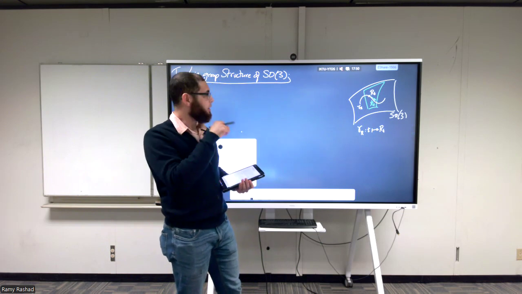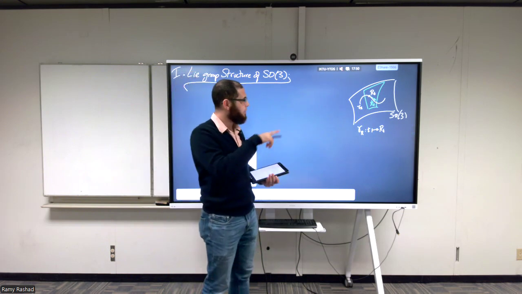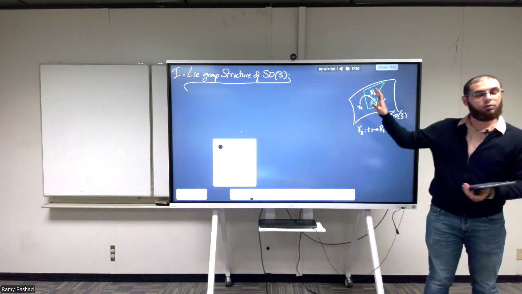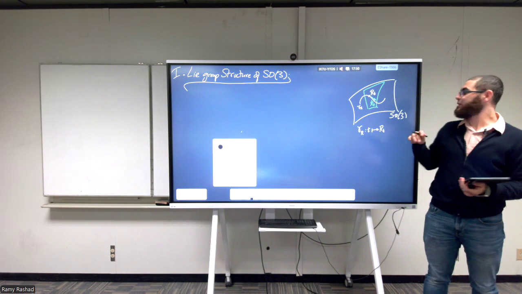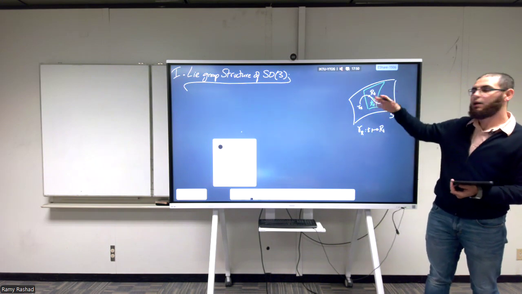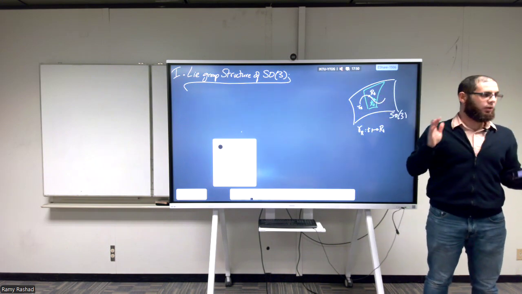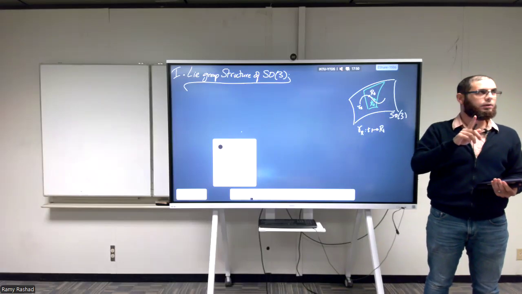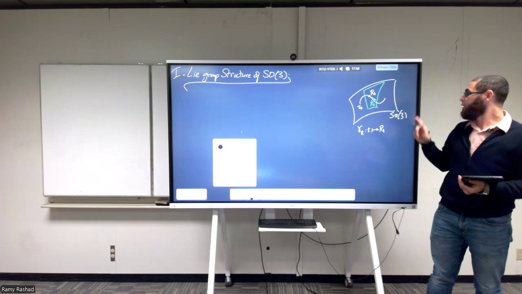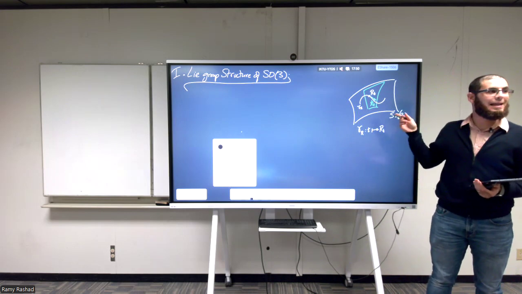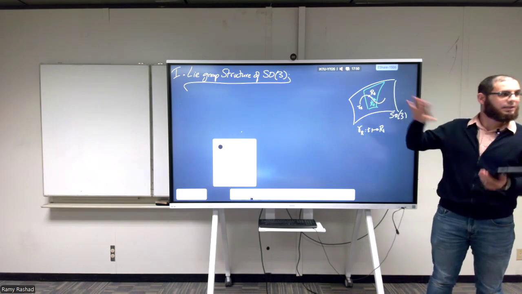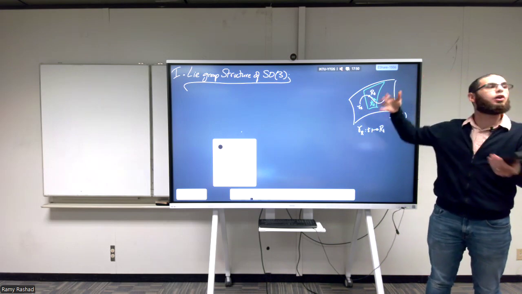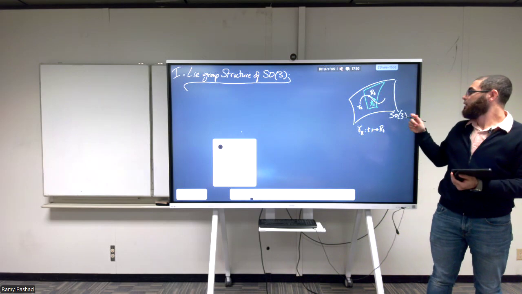Oh, okay, I see your point. What I drew here, SO3, the intuition behind this picture is that I assume I'm looking from an n+1 dimensional point of view. And SO3 here is an n-dimensional manifold, an n-dimensional surface. When I look at it, it's some sort of curved surface in this space.